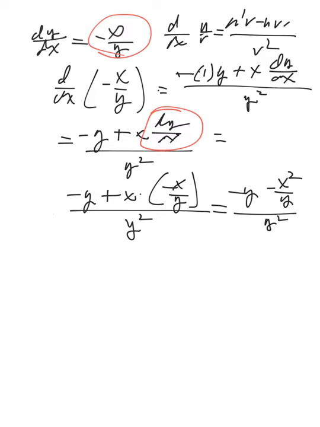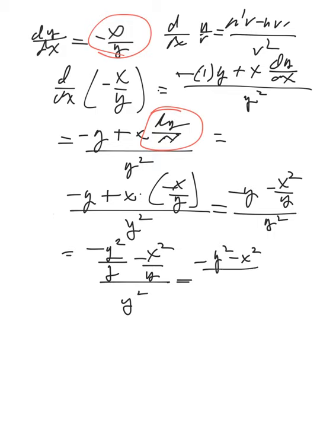Now that's not going to be one of your answers, so we have to clean that up a little bit. Multiply the top and bottom of negative y times y, so we can put those terms together. We get negative y squared over y minus x squared over y squared, which is negative y squared minus x squared over y squared, which is negative y squared minus x squared over y cubed.